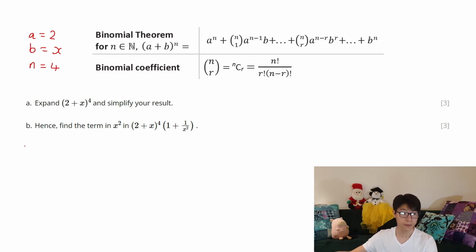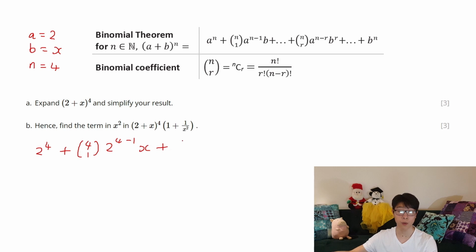a to the power of n, 2 to the power of 4, plus nC1, n is 4, so 4C1, multiplied by a to the power of n minus 1, which will be 2 to the power of 4 minus 1, multiplied by b, multiplied by x, and we continue.